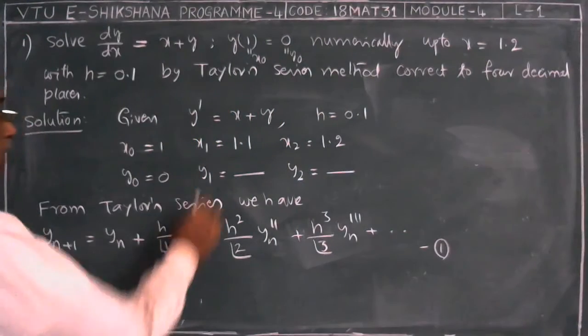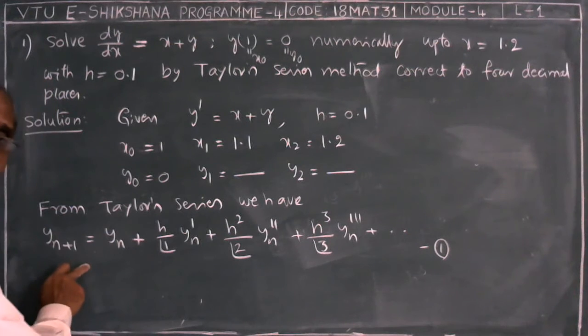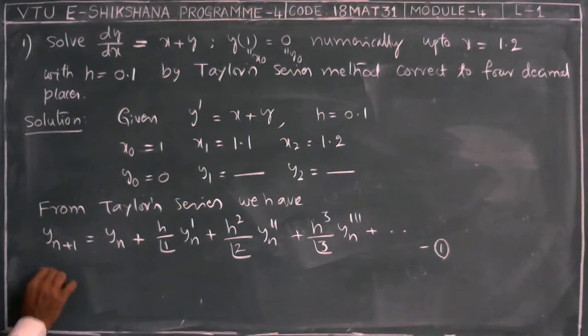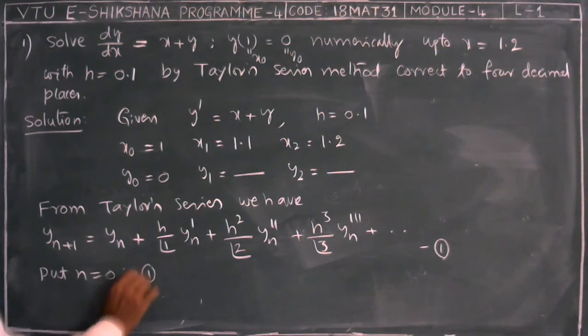So now to find y1, I have to fix n is equal to 0 here. Put n is equal to 0 in 1.